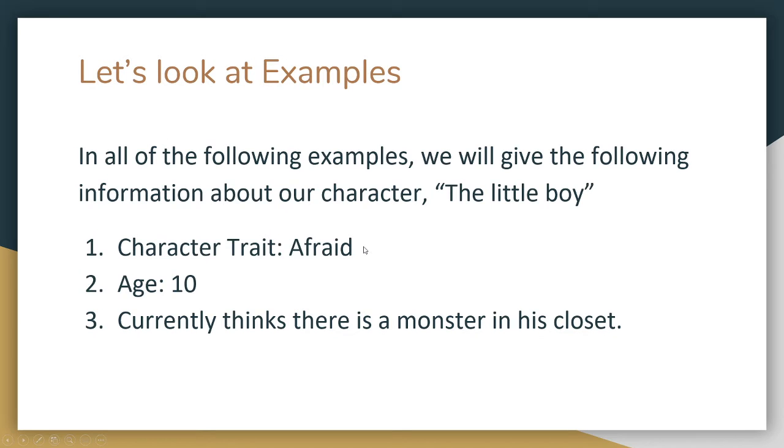Okay, let's do a few examples using these different modes of characterization. We're going to do 3 examples, and they're all going to follow the same character. We're going to give him the name of the little boy, and we're going to give him the character trait afraid. We're going to say that he's 10, and we're going to try to get across what's on his mind: he currently thinks that there's a monster in his closet.